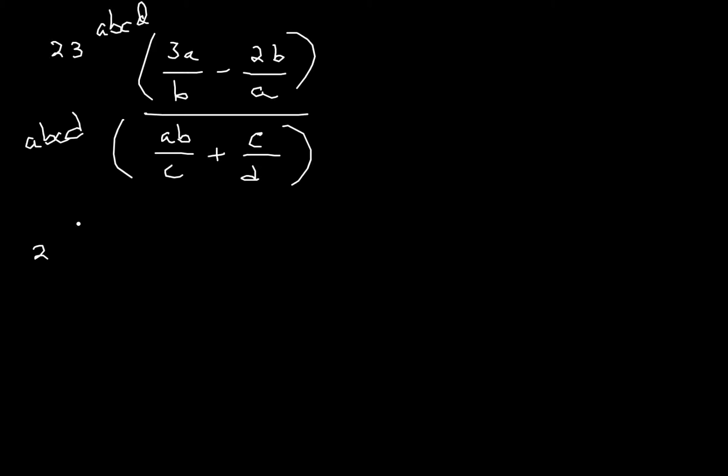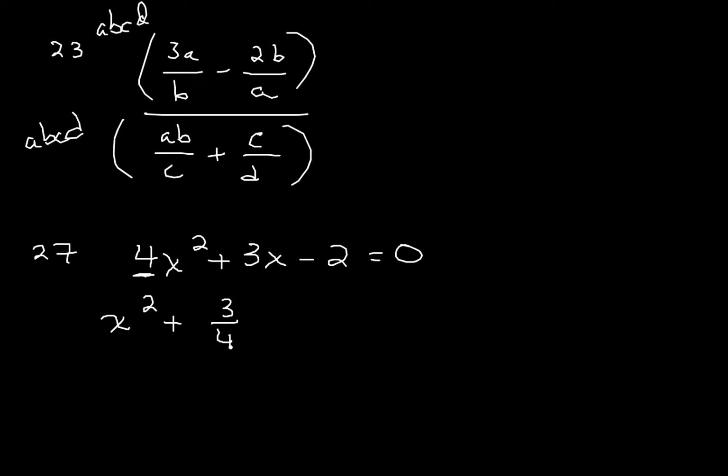27, solve by completing the square. All right, real quick. 4x squared plus 3x minus 2 equals 0. You have to divide everything. You can't have a coefficient in front of your x squared term, so you're going to get x squared plus 3/4 x.